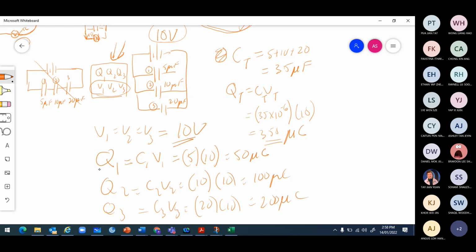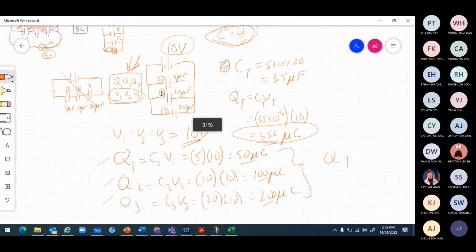So the charge stored in Q1, Q2, Q3 is like this. And the total charge is how much? We got 50 plus 100 plus 200, which gives 350, as we calculated earlier. So this is a parallel circuit. For capacitors in parallel, the total capacitance adds up.